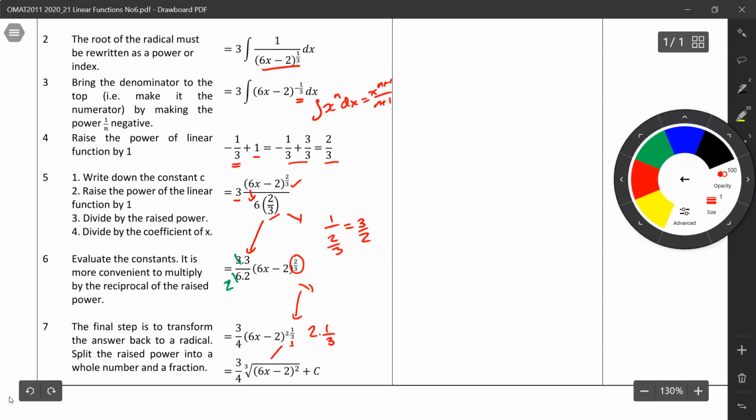And within the cube root, the linear function 6x minus 2 is squared, it's brought to the power of 2. So the whole number tells you that the linear function has to be brought to the power of the whole number, and the fraction part will tell you which root you have to apply.